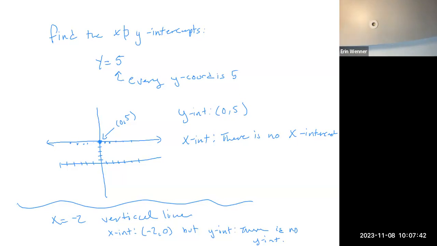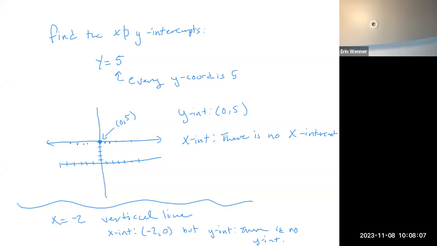So if you were to graph it, if it's saying, okay, now graph the line, you would want to use the intercept first as one of your points, that 0, 5, but then the next point, it doesn't matter. You could do 5, 5. You could do negative 3, 5. You would just want to make sure that it has that y coordinate of 5.